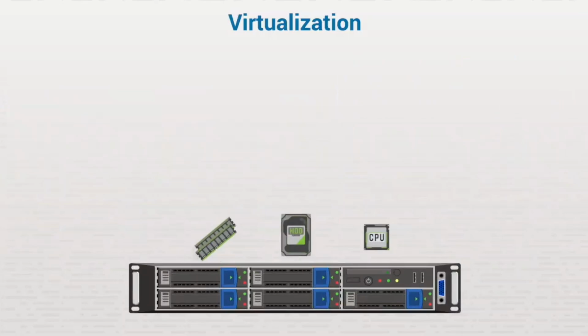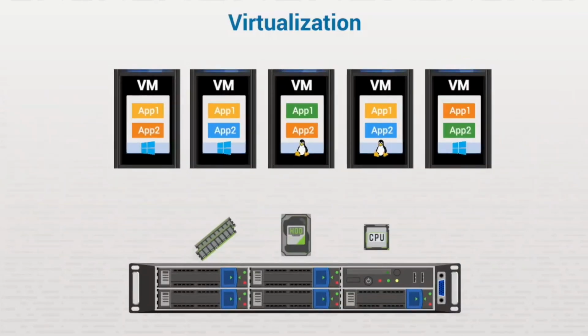Virtualization enables you to run multiple servers on a single physical server, called a host, through hardware virtualization. When you do this, each independent operating system, or virtual machine, thinks it has all the hardware resources it needs and runs in its own little isolated container.